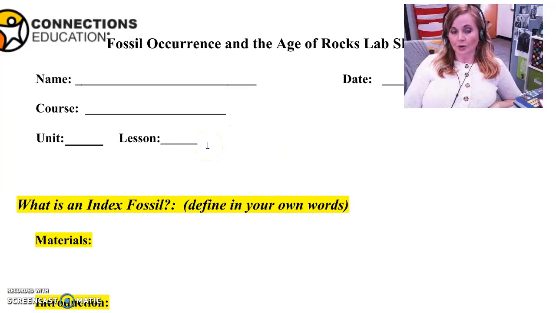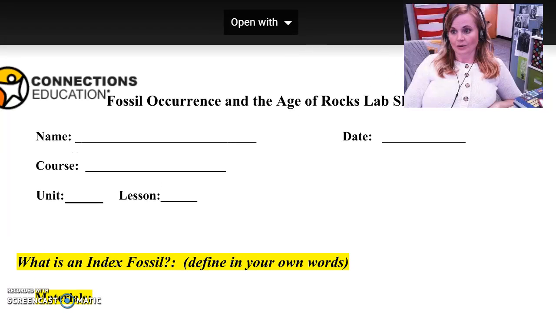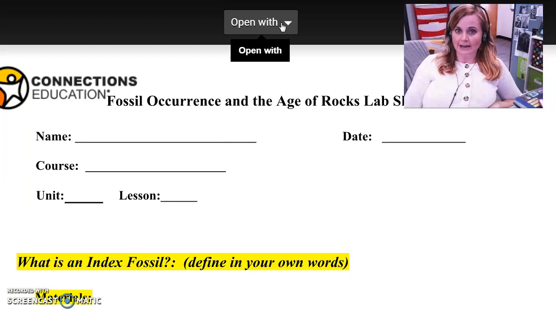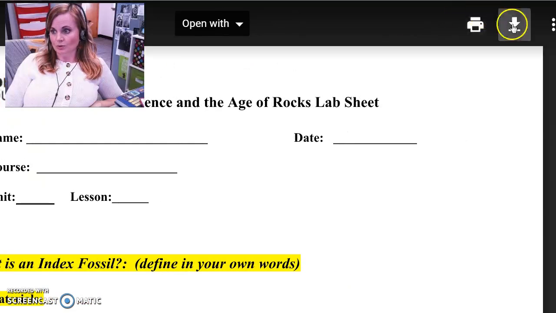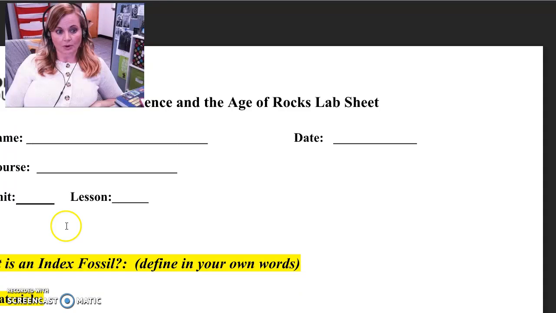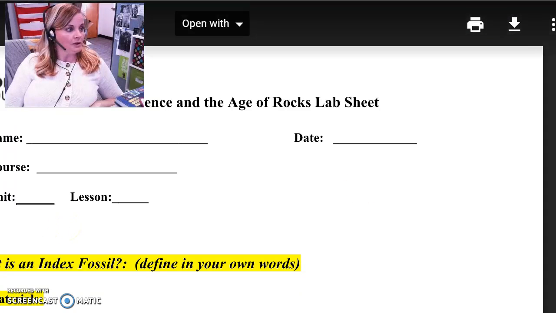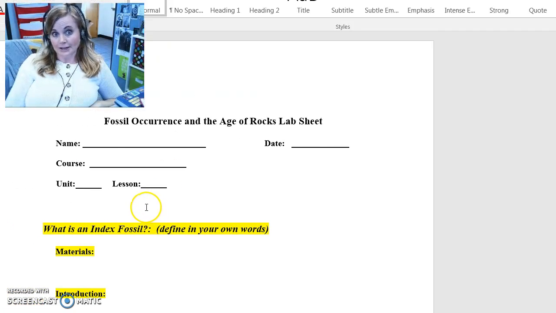You can either open this with Google Docs, where you'll have to make a copy of it in order to edit it, and you don't need to save it because Google doesn't make you do that, which is kind of cool. Otherwise, probably the easiest thing and most familiar to you would be to download it here as a Word document, and it will just open on your computer in Microsoft Word or OpenOffice or whatever word processing program you happen to have.